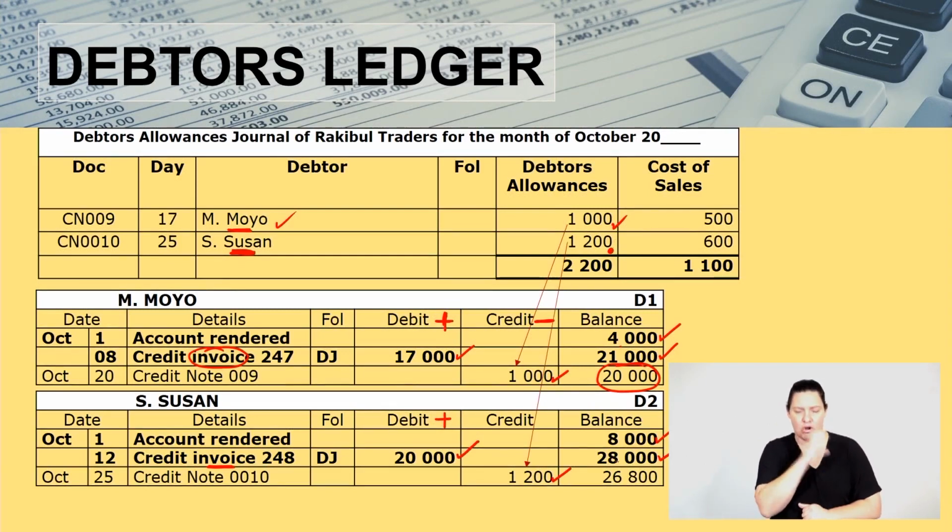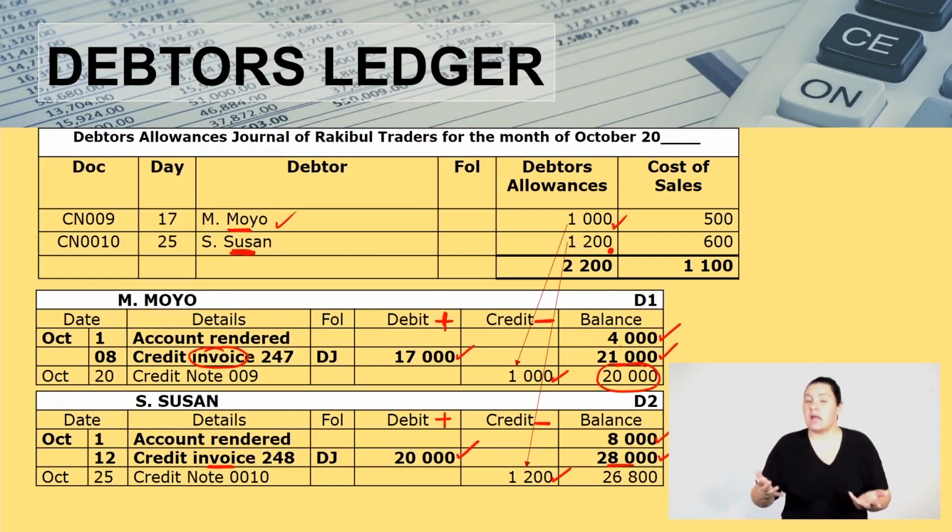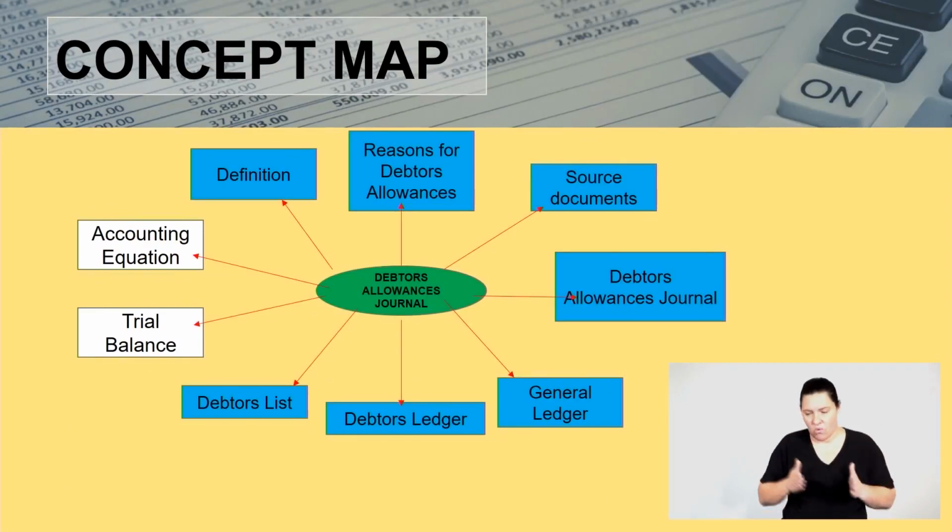That means you now say your 28 minus, remember, on the credit side, it's a minus 1,200, and then at the end, they owe us 26,800.